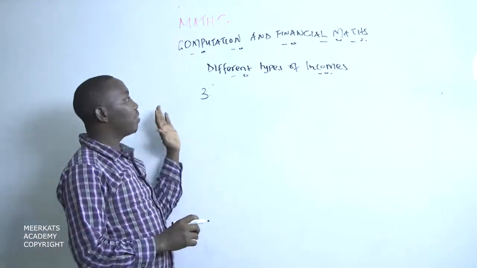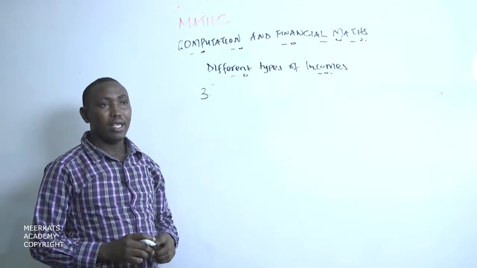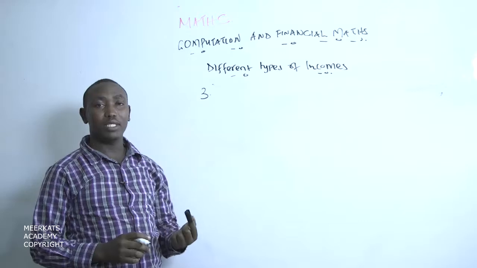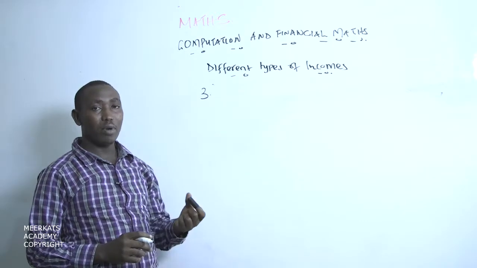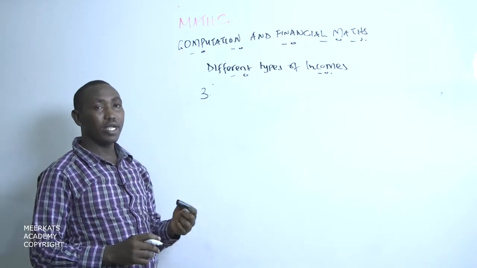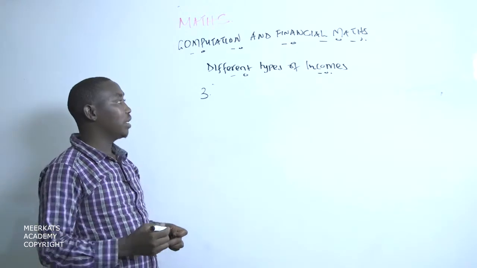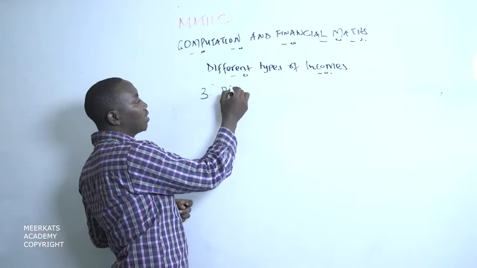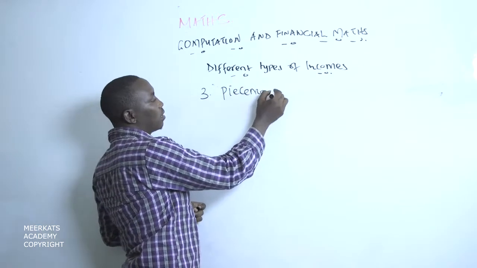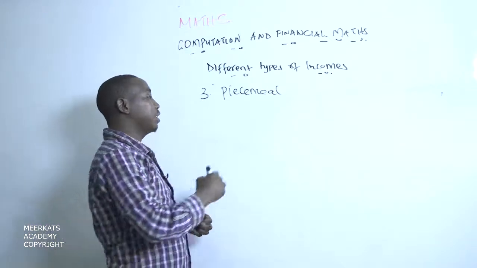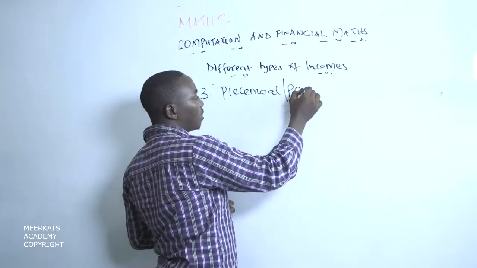The third type of income is that type of income where people earn depending on what they have produced, or the number of items they have produced during that particular period. That type of income is called piecemeal, or simply piecework.